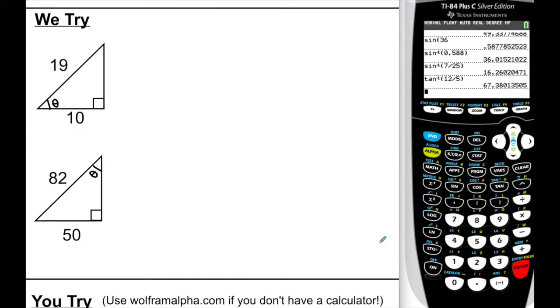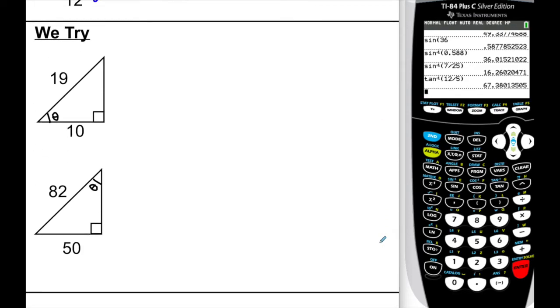All right, so now the we try problems. This one I'm going to give you a little bit of opportunity to chime in before we move down to the you try problems in just a minute. Here I have my angle, and relative to this angle, what two sides do I know? I have the adjacent and the hypotenuse. Based on this, what relationship should I be targeting?